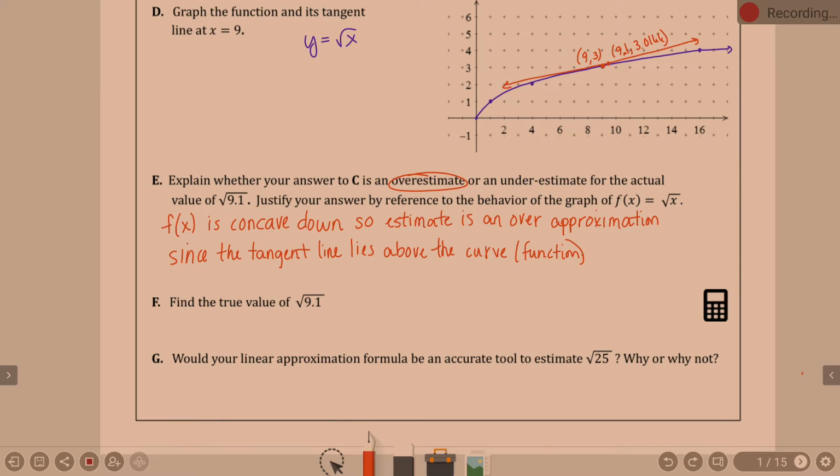If you haven't already done F, do F. I got it started. Square root of 9.1 is 3 point something. 3.016620626. Can we just do 3.0166?